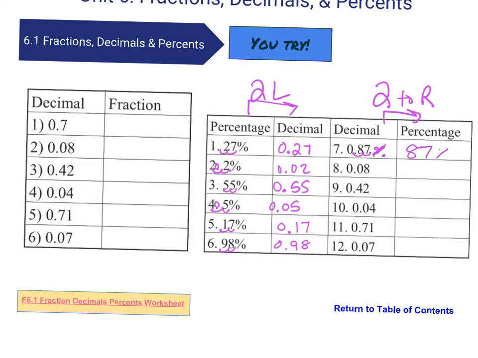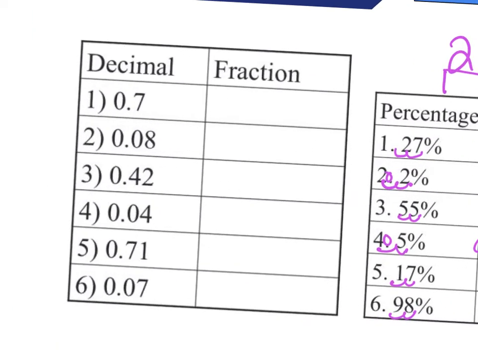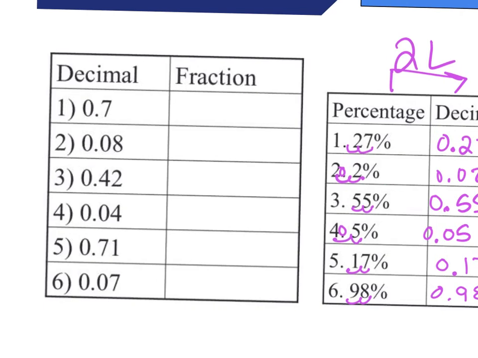So it's 87%. 8%. 2 to the right, 42%. 4%. 71%. And 7%.